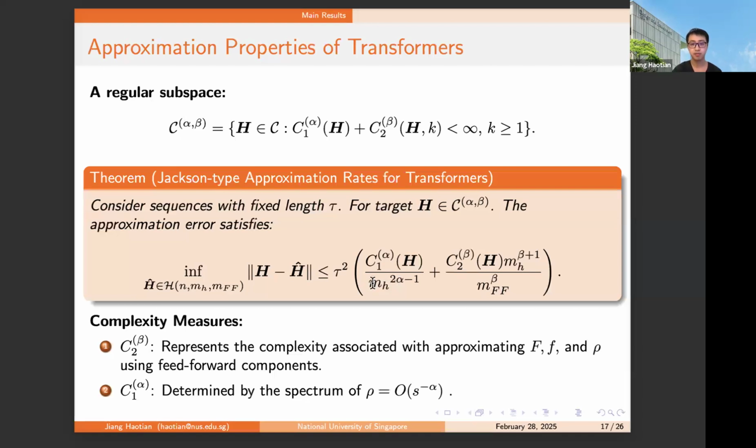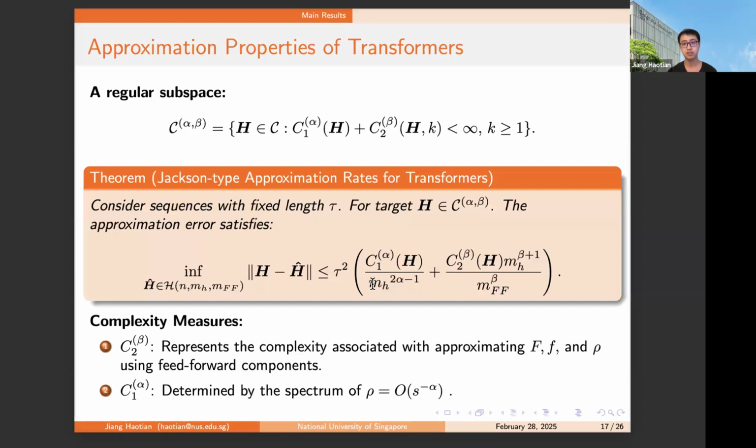When we increase M_H, the size of the attention, this term can go to 0. This shows that transformers are good at approximating targets that have a low-rank pairwise interaction term.